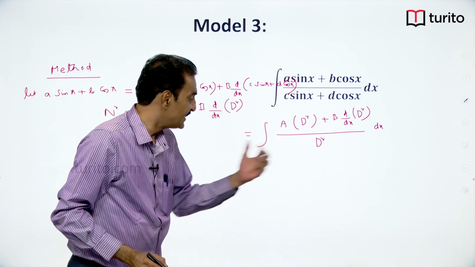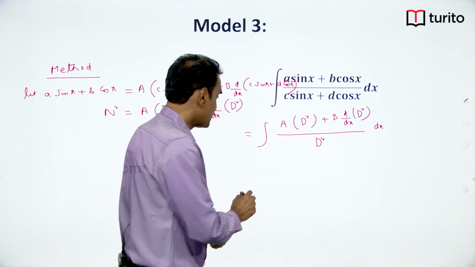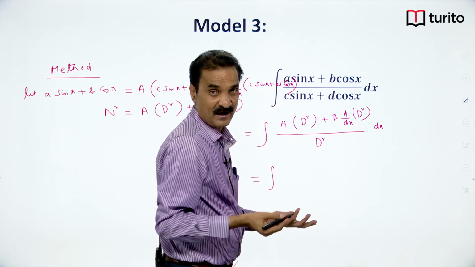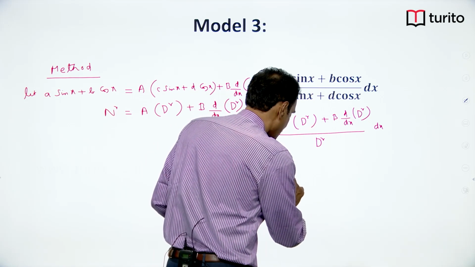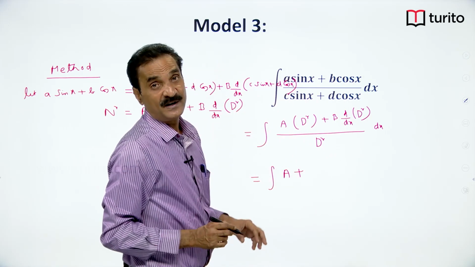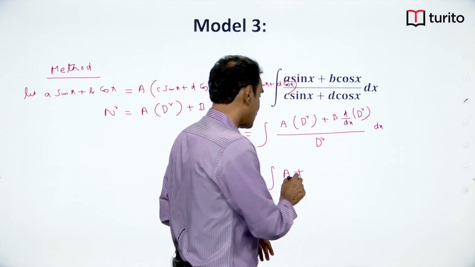Now separating the denominator, we get this by this is A plus B into d by dx of denominator by denominator.